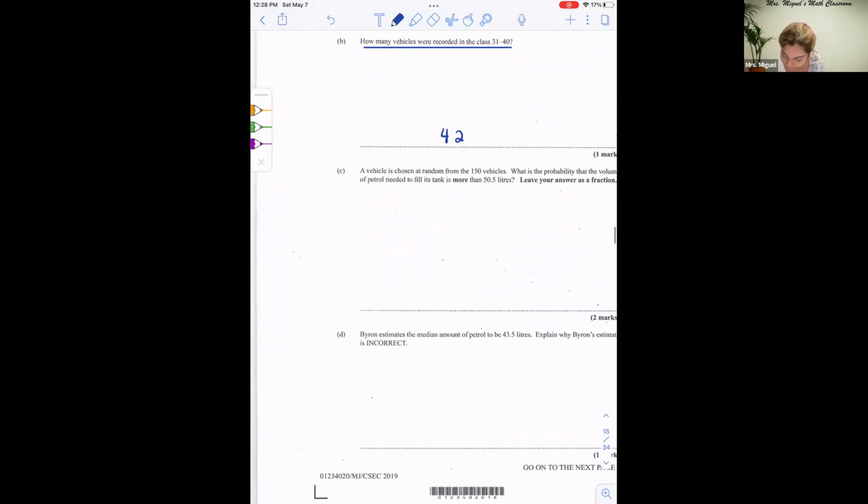So the probability of a vehicle using more than 50.5 is the number of vehicles that require petrol more than 50.5 over the total number. So it is 21 over 150.